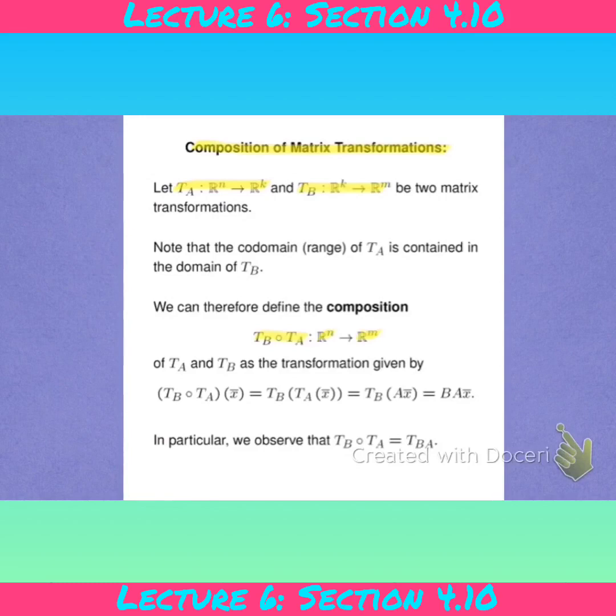The composition is denoted by whatever you write closest to the point X; you apply that first to the point X, and then you apply TB to whatever you get after you've applied TA.